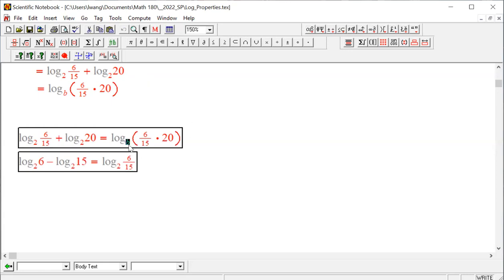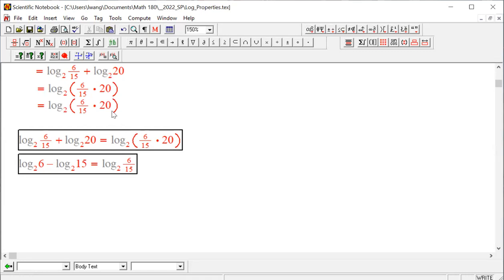So the base is 2, so we need to change that base. Let's simplify this expression. Inside the parentheses, can we reduce it? Of course we can. 20 divided by 5, we get 4. 15 divided by 5, we get 3.